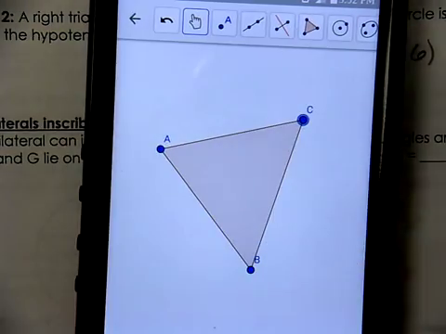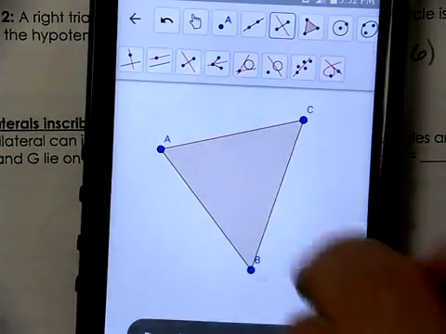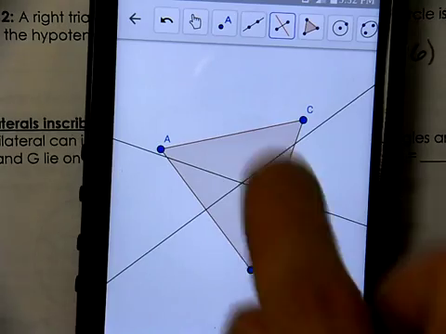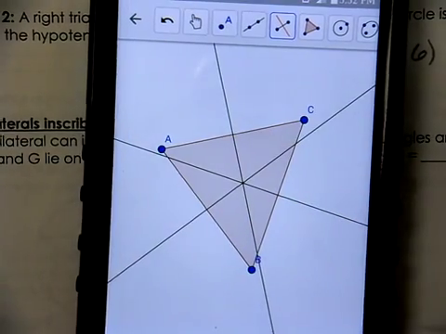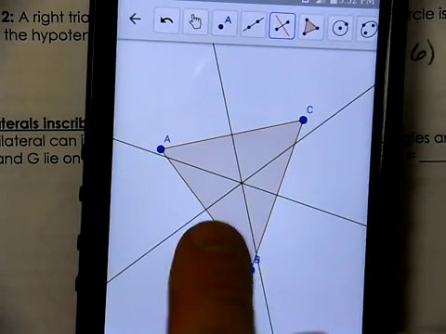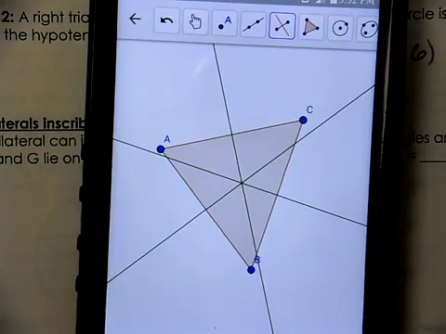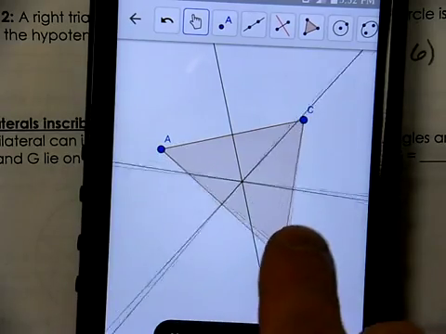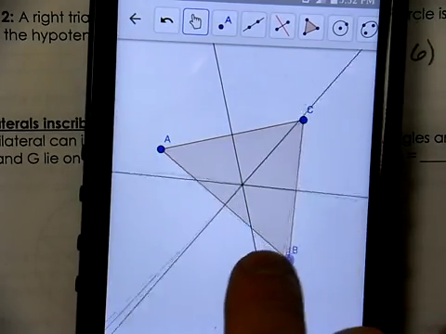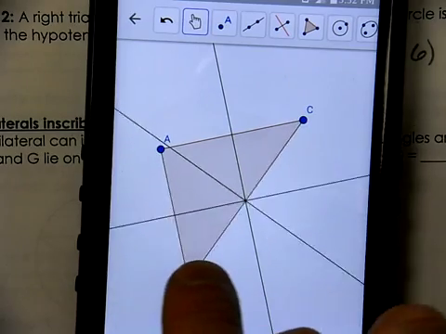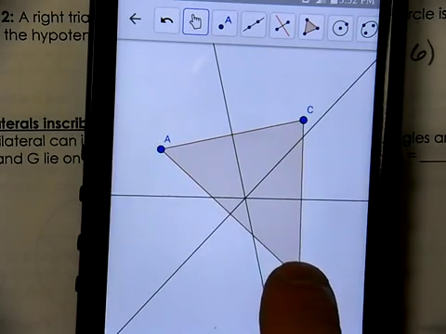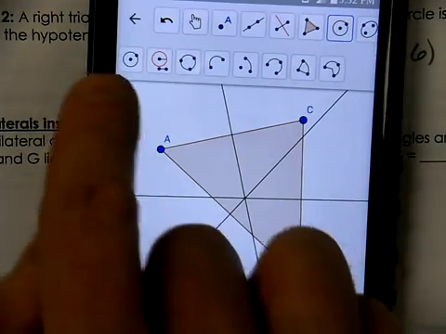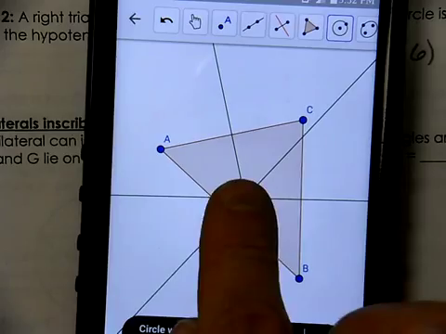What happens is if we find the perpendicular bisector of a side, notice that all the perpendicular bisectors are going to touch at the same exact location. It doesn't matter what shape we have, their intersections are always at the same spot.